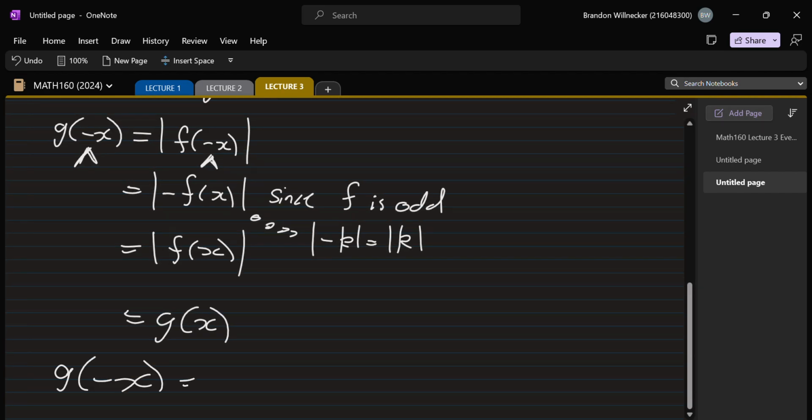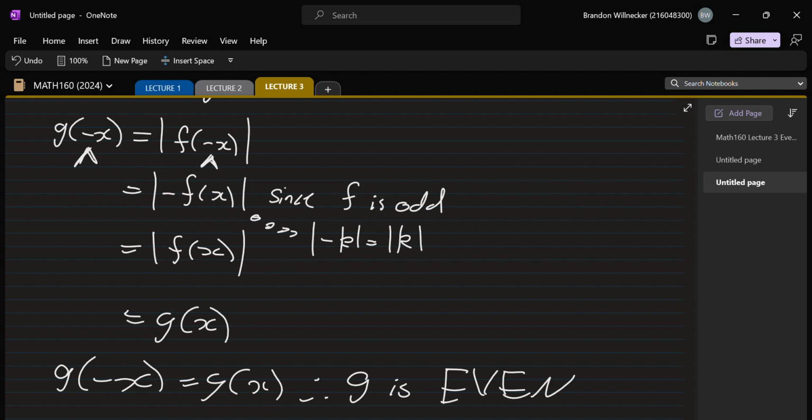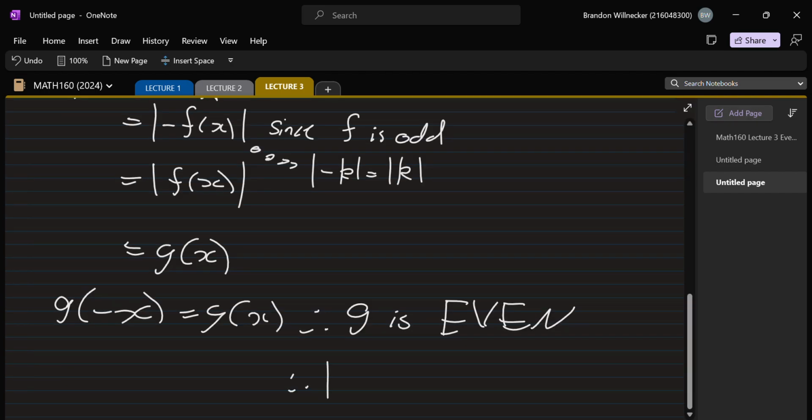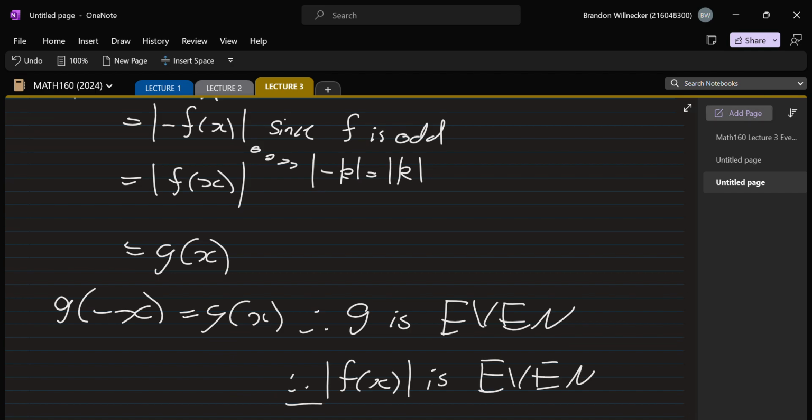G of minus x equals g of x. Therefore, g is even. And if g is even, the absolute value of f of x is therefore even. That's what we wanted to show.